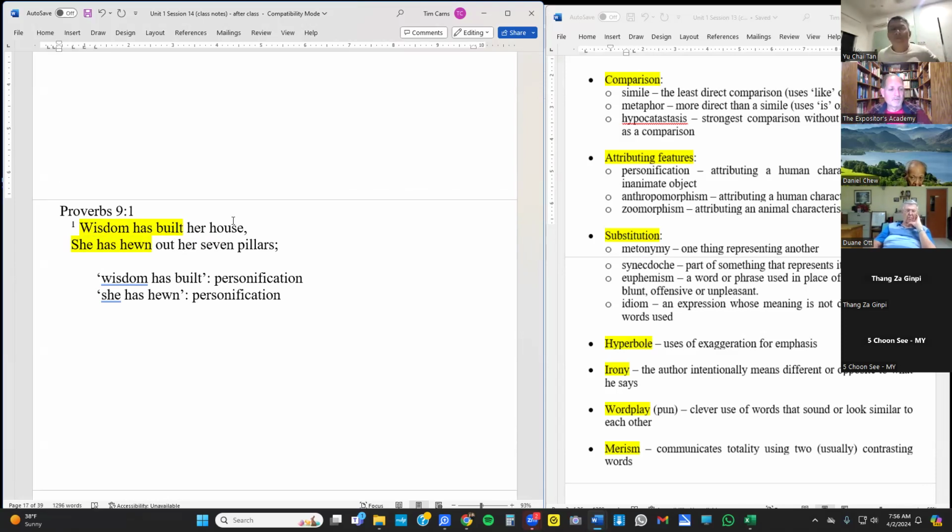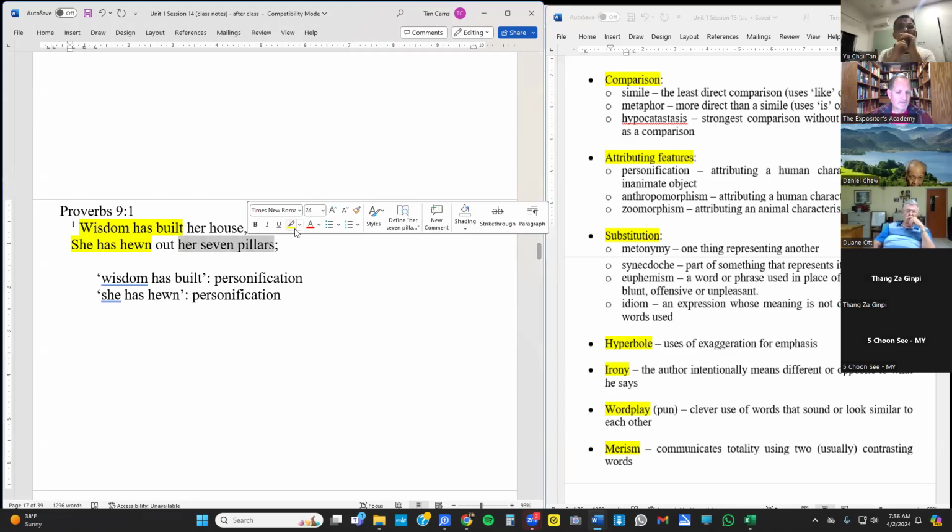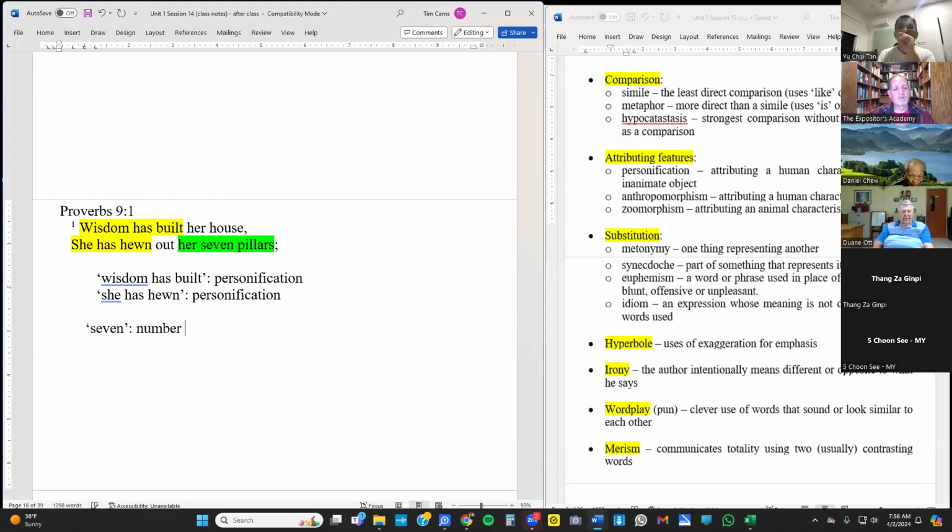Yeah, it's personification. And then one other thing, her seven pillars. That's kind of an interesting expression, that she only makes seven pillars for her house. Well, seven is always a complete number. Yes, it could be literal.